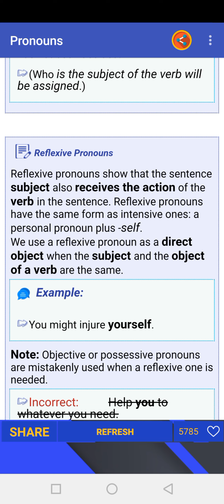Just to summarize what we said in that video: we can't remove reflexive pronouns from the sentence, but intensive pronouns could be removed, and that is one of the main differences between reflexive pronouns and intensive pronouns, because they are the same.